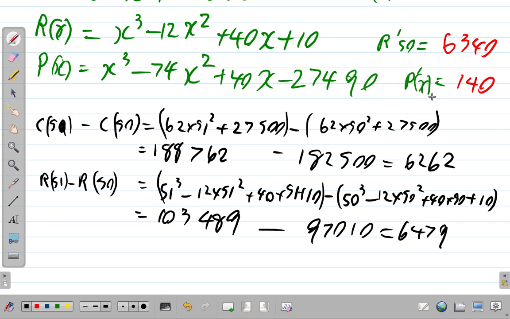Profit at 51 and the profit at 50, and subtract them. So here, profit at 51 minus profit at 50 equals profit at 51.